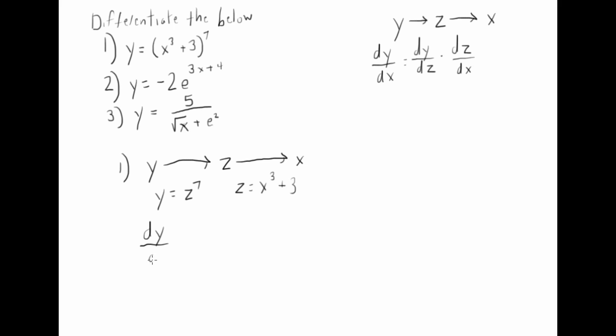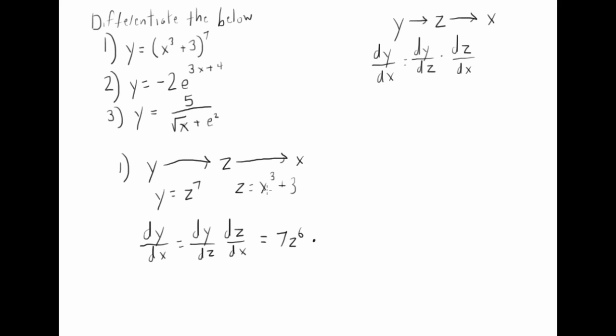In the chain rule, after you've figured out the two pieces or more in your chain, you differentiate each piece. So I need to differentiate z to the 7th. That's the power rule, 7z to the 6th. Times, I need to differentiate this, the dz/dx.